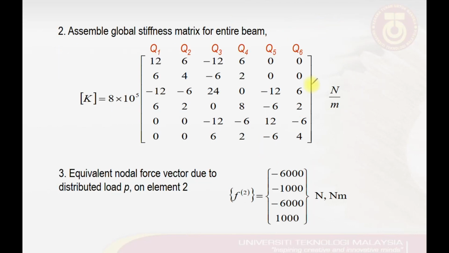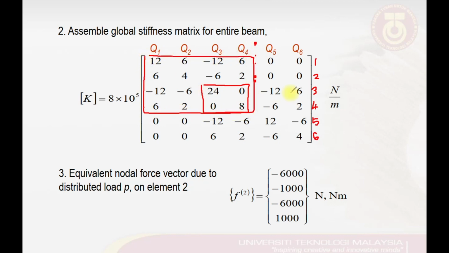gives us this matrix here, where as we can see, if I label again here, the index, or we can call this the address as well. So the values here are obtained from the two matrices that we developed just now for each element.